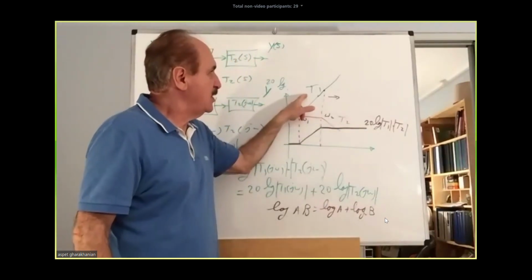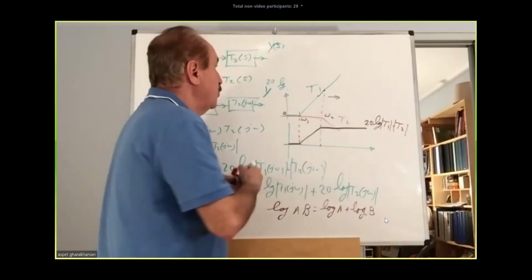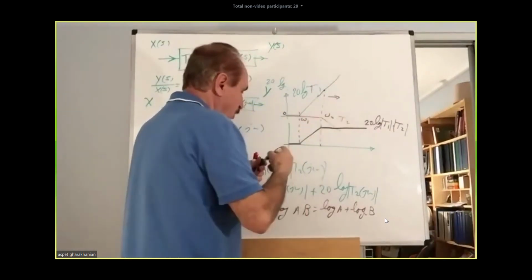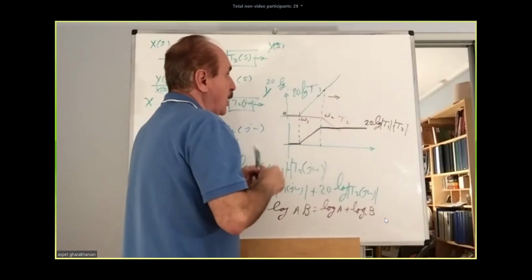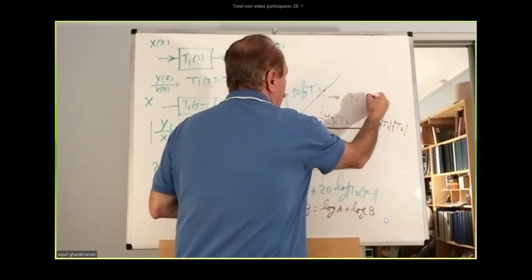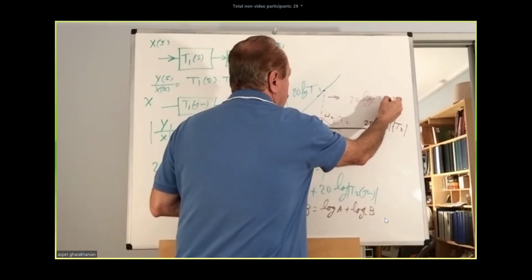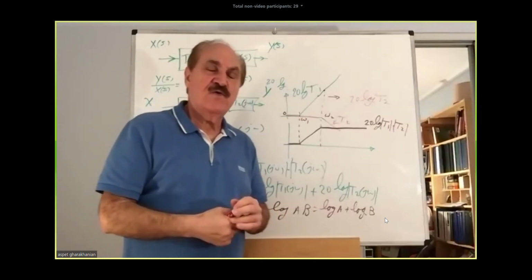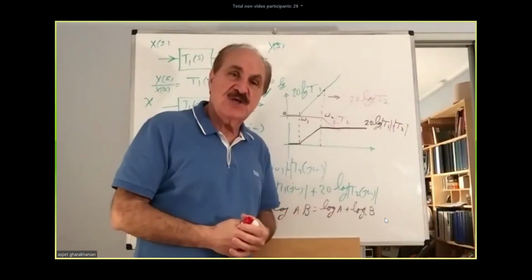While each one is only 20 log of T1, and that red one is 20 log of T2. Okay, so why do we go for the logarithmic vertical scale?